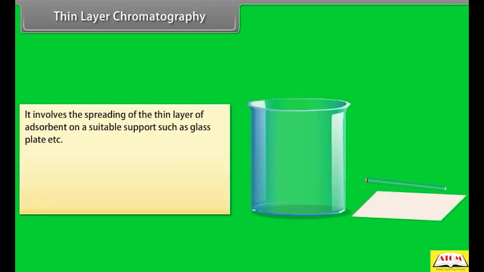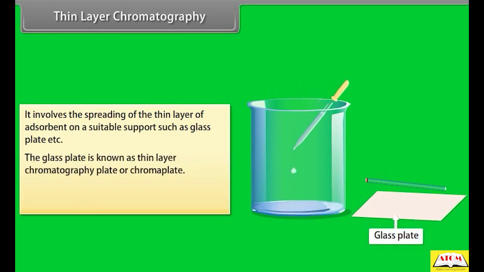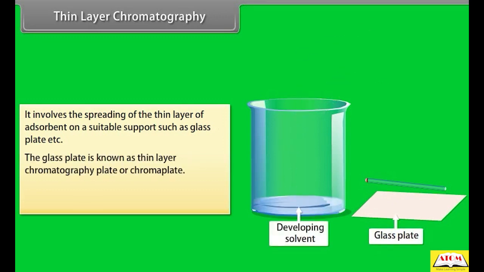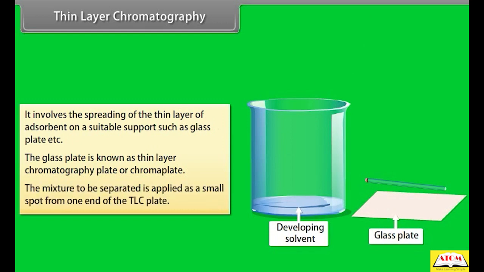Thin layer chromatography. It involves spreading a thin layer of adsorbent on a suitable support such as a glass plate. The glass plate is known as a thin layer chromatography plate or chroma plate. The mixture to be separated is applied as a small spot near one end of the TLC plate.